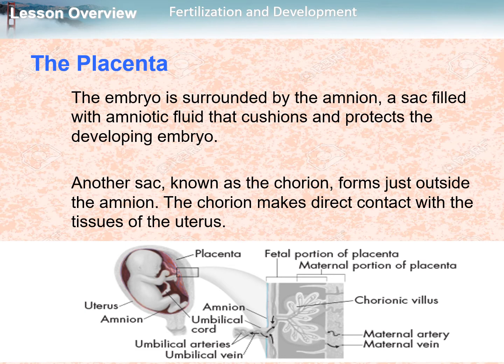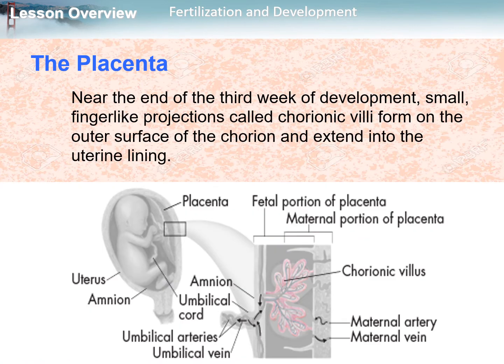If we look at the pointer, near the end of the third week of development, small finger-like projections called the chorionic villi form on the outer surface of the chorion and extend into the uterine lining.